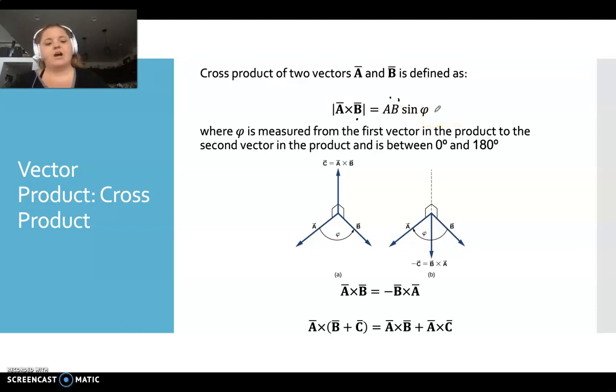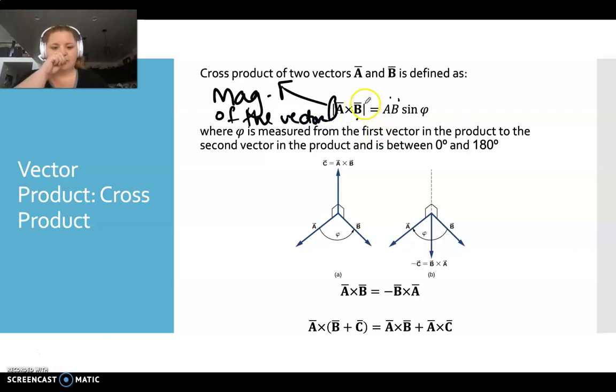Now, this one's a little bit different because if we are just taking the cross product, not the magnitude, that's what these bars mean. This means the magnitude of the vector.